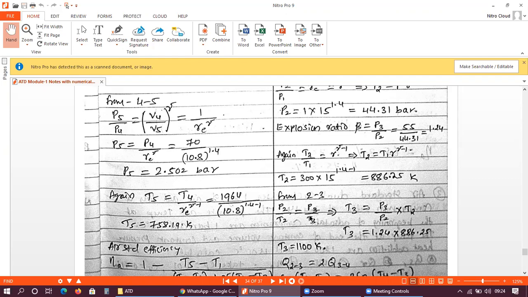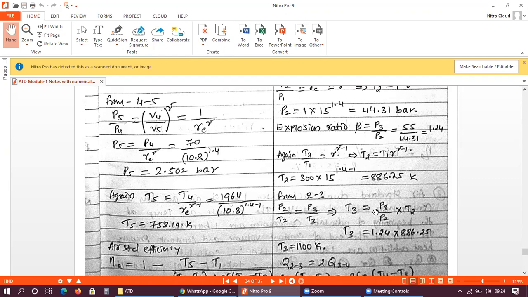From this expression, we can calculate T3. T3 is equal to P3 by P2 into T2, right? This is the expression we get from the process 2 to 3.